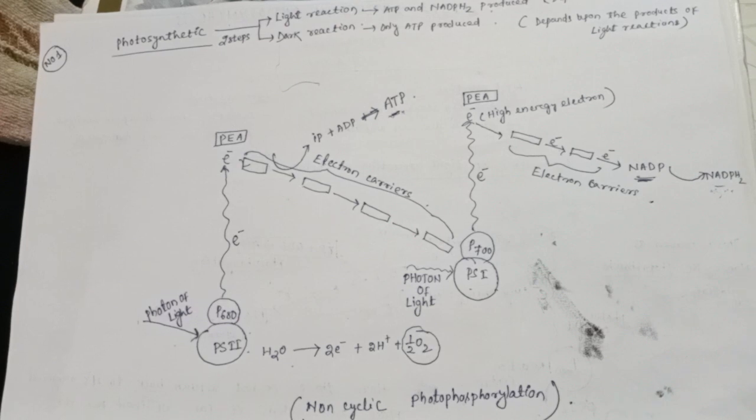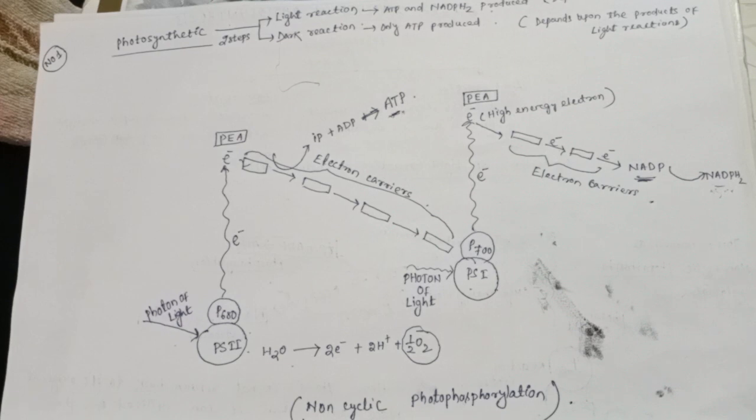Rather, it is utilized in the formation of NADPH2 in the stroma of chloroplast. This flow of electrons, which occurs in a non-cyclic manner, is named non-cyclic photophosphorylation.